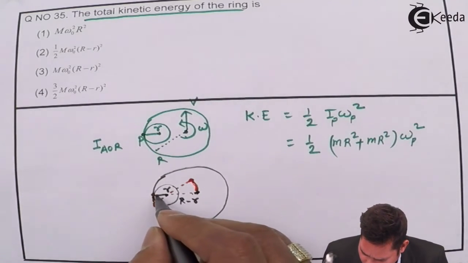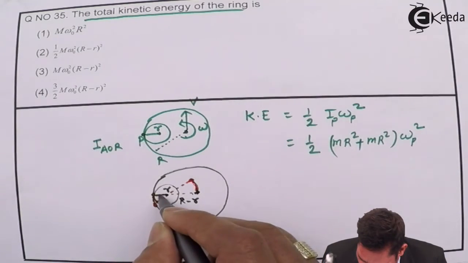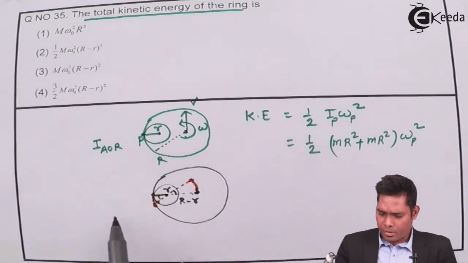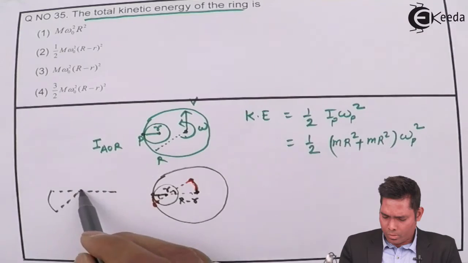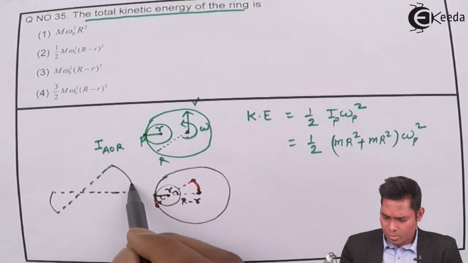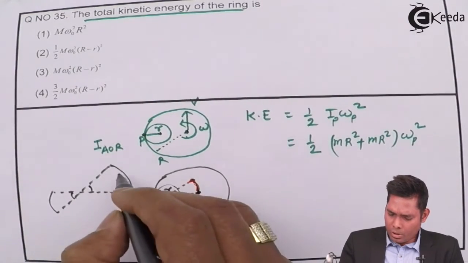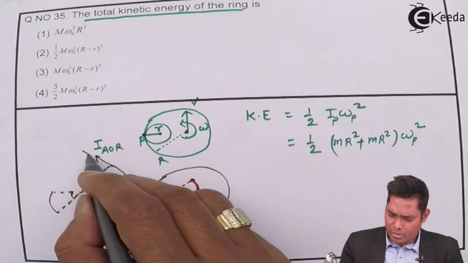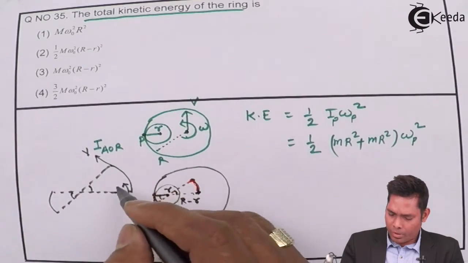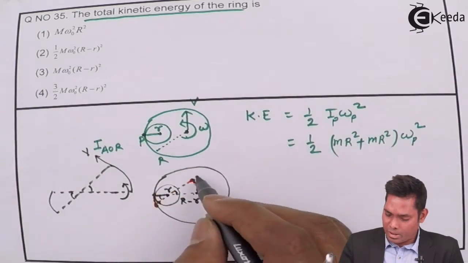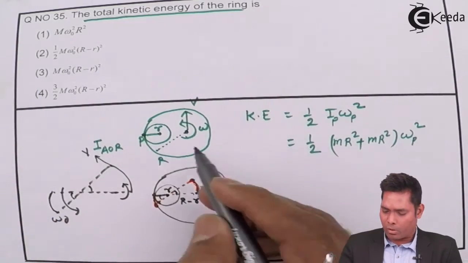You can see that when the point here moves to this point, and this one moves to that point, the angle made is same. This angle will remain same. So the velocity here is tangent, velocity is v. Suppose that this is rotating with omega naught, that we considered.